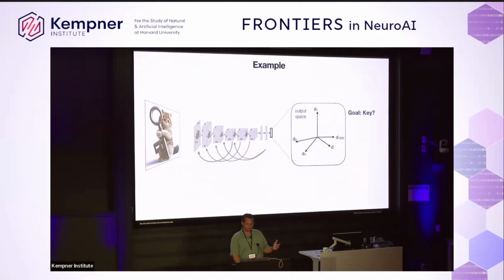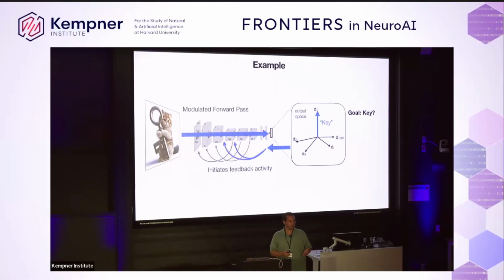So just use a specific example here. If you have this image with multiple things that you could be paying attention to, and the target was the key, then if you have a representation of what the key output would look like, then you can use that as the feedback vector. And that could be used to modulate the input to steer it towards the representation of key. And that will only work if there's evidence for key in the image, in theory at least.